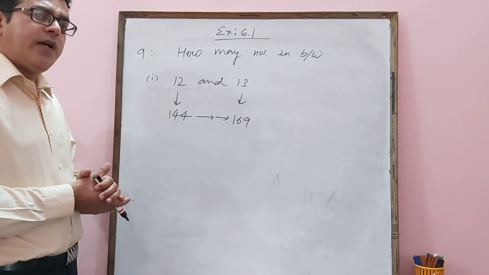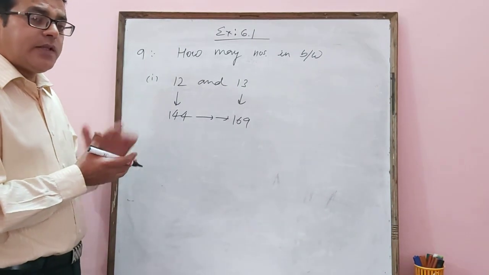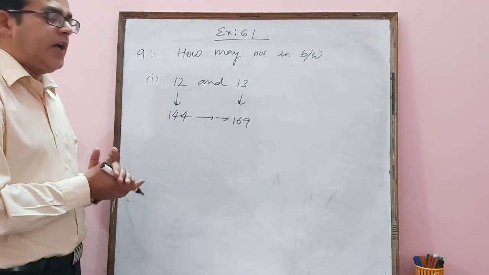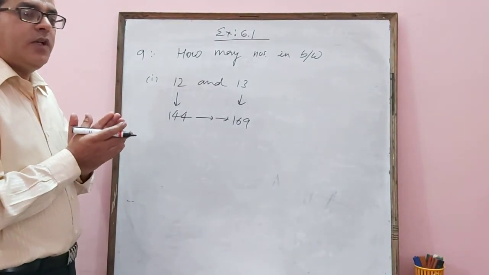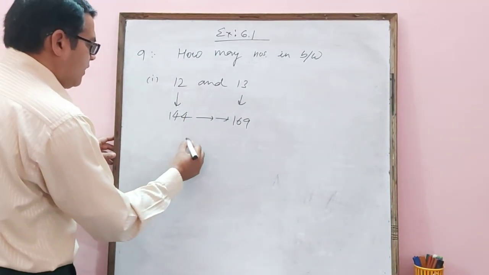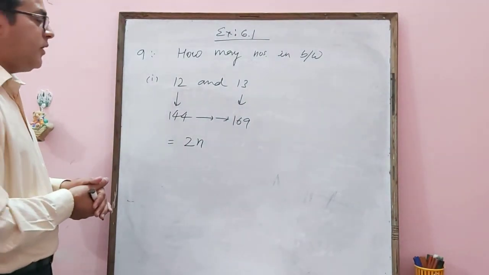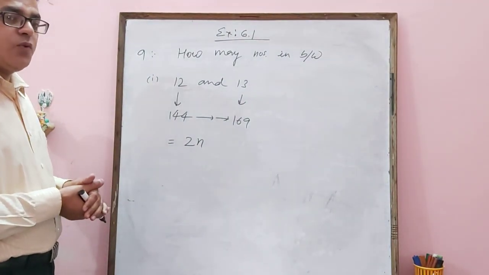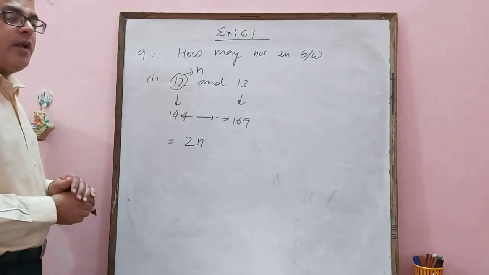So how can we find it? In the previous lesson we discussed how we can find how many numbers there are in between the squares of two numbers. The formula was 2n. 2n numbers are there in between the squares of two numbers. What is n here? n is this very first number, so n is 12 here.